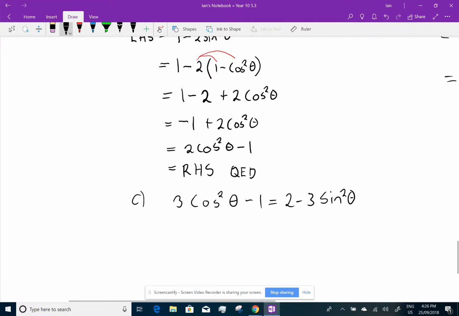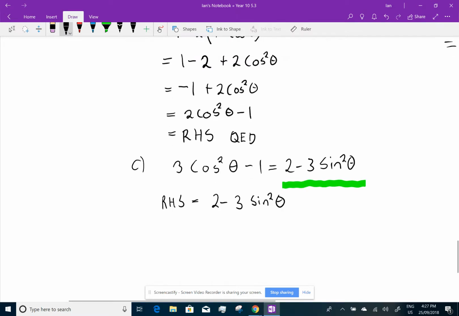Okay, so let's go over here. 8C. Well, this time I'm going to take the right-hand side. So I'm going to take this side down and work it until I get it to look exactly like the left-hand side. So I write right-hand side equals 2 minus 3 sine squared theta.